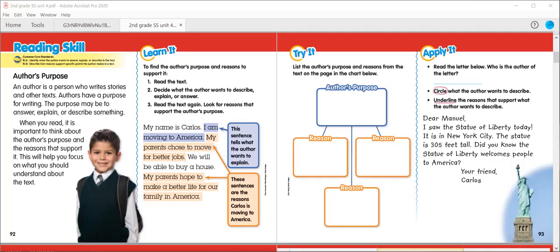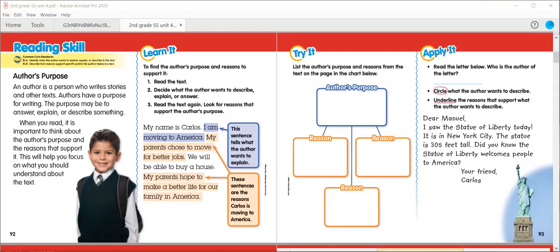And number 3, read the text again, which we call rereading, and look for the reasons that support the author's purpose. For this part, they've already highlighted the important parts for you. We're going to read through it twice, and then put the information that we gathered into our graphic organizer on page 93.